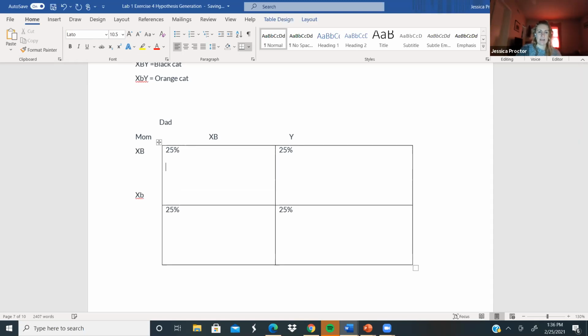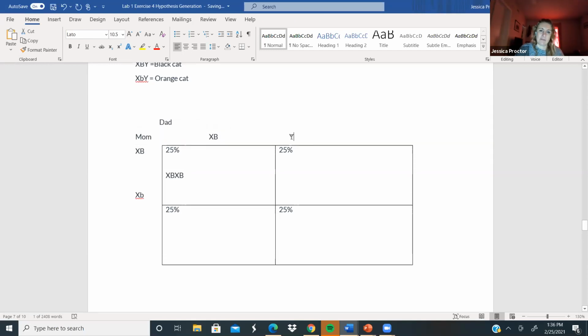So we want to calculate the probabilities of their offspring. So remember, cats sometimes have litters. So this makes even more sense when we're talking about organisms that have litters, because you're basically calculating the probability. So here in this first little quadrant, we're taking one from here, one from here. So this would be X big B, X big B. And then here in this quadrant, we're taking one from here and one from here.